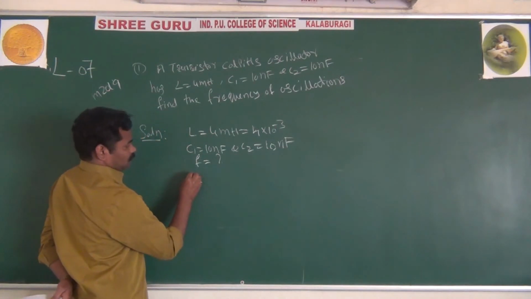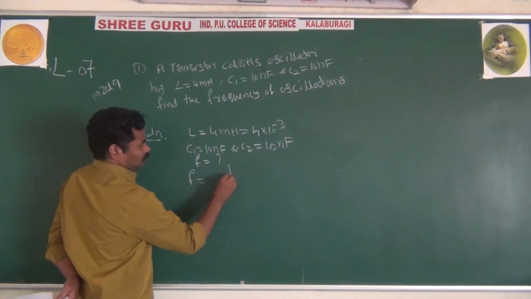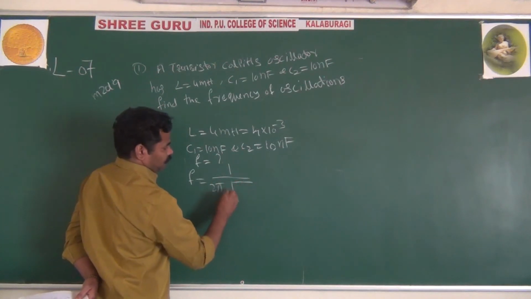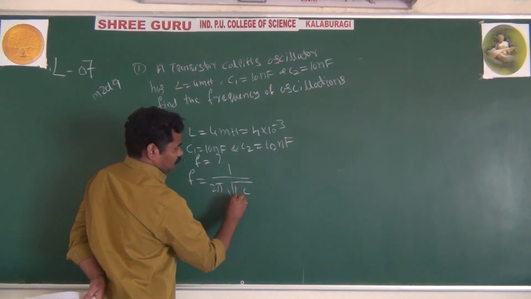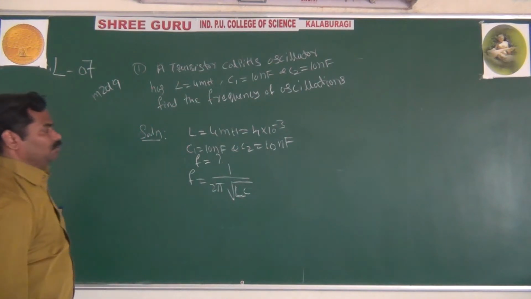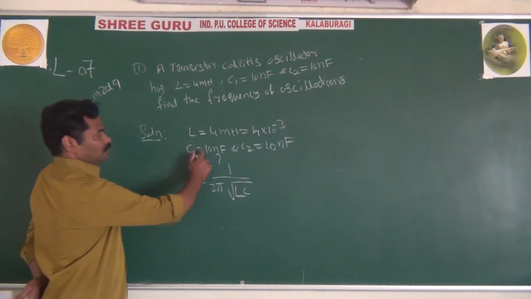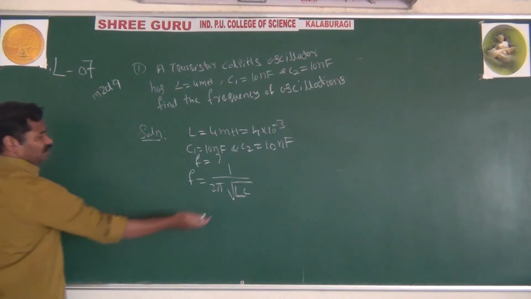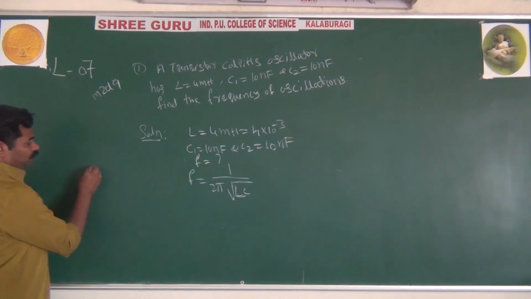Use the same formula. F is equal to 1 divided by 2 pi square root of LC. And here also you have to calculate C1 C2. First you calculate C equivalent, that will be very simple. Then you can easily substitute values.